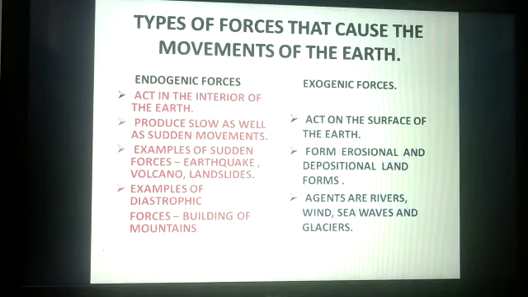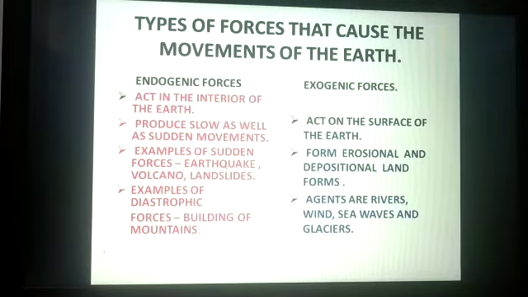Endogenic forces produce slow as well as sudden movements. Examples of sudden forces are earthquakes, volcanoes, and landslides, and these movements cause huge destruction. Slow movements are caused by diastrophic forces, which refer to the forces generated by the movement of the solid material of the Earth's crust.